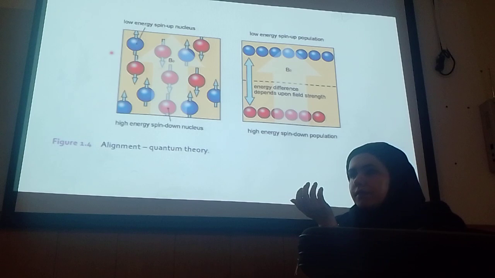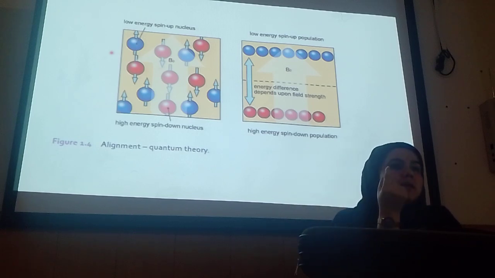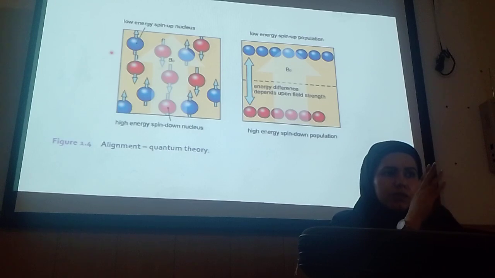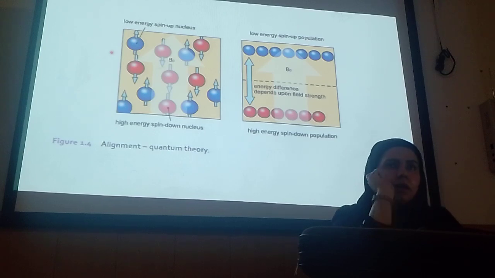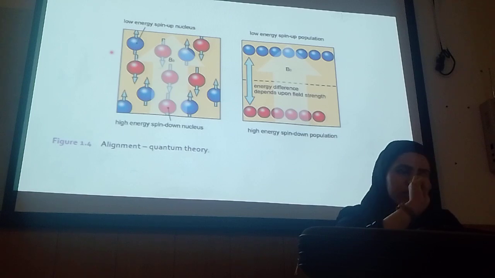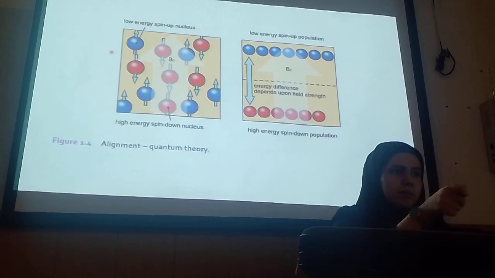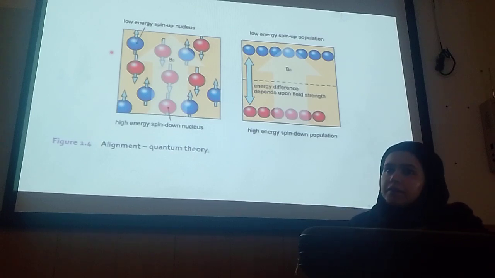At the first step, we have a constant magnetization in the direction of B0, the direction of Z. But after applying RF in the direction of XY plane, X or Y, there is no difference between them.